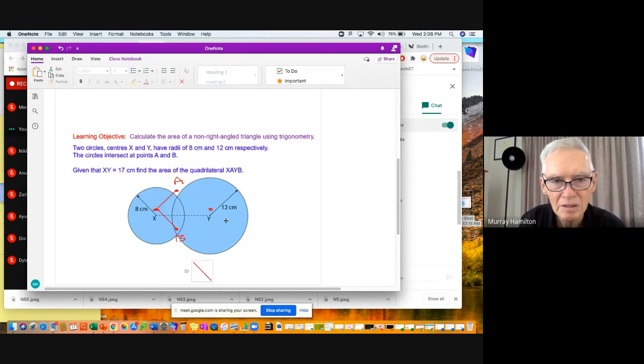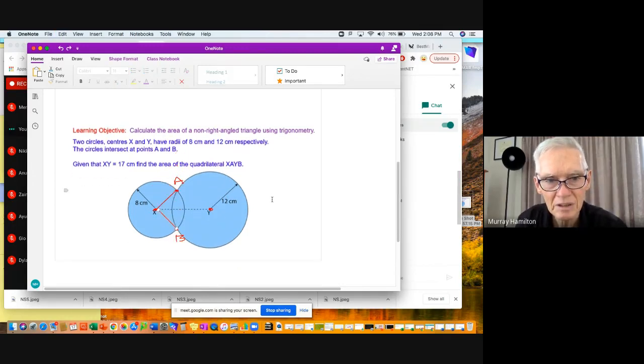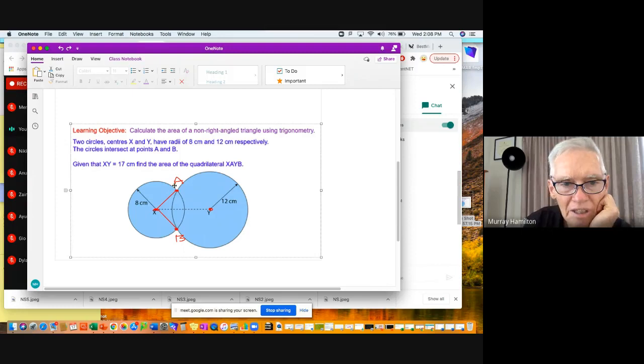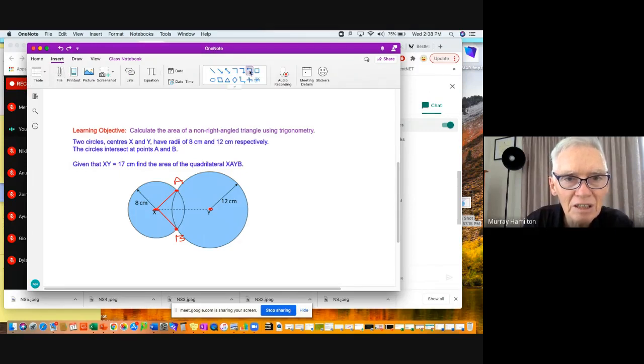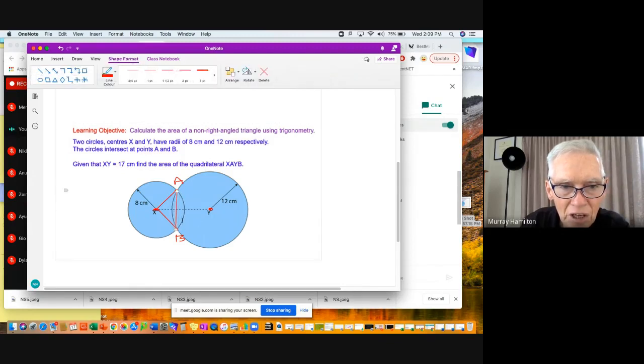Oh, hold on, what am I doing? Let's go back there. So I've got A and B there. I still haven't got a triangle yet, so I have to somehow make a triangle of that. Can you see where a triangle will come from? If I now draw a line down here, I have a triangle. So I have a triangle XAB.